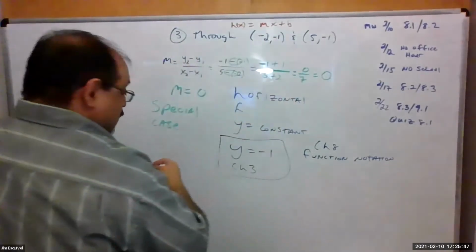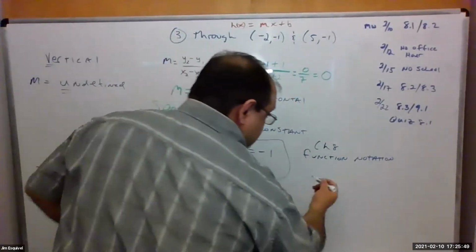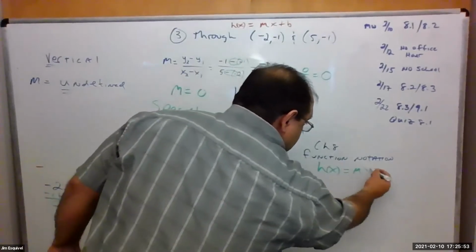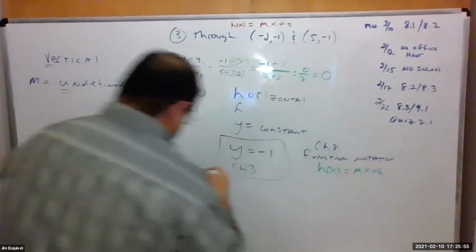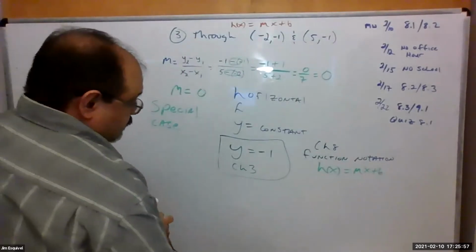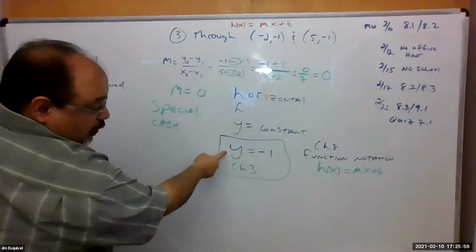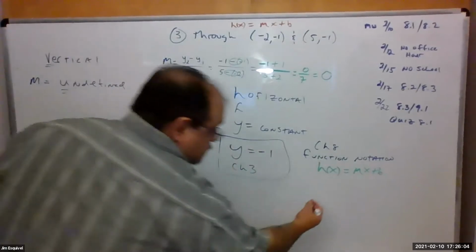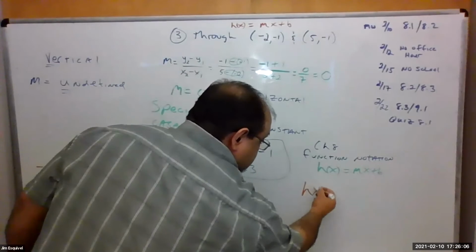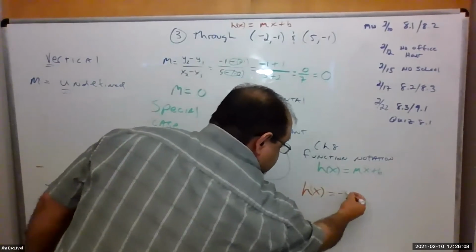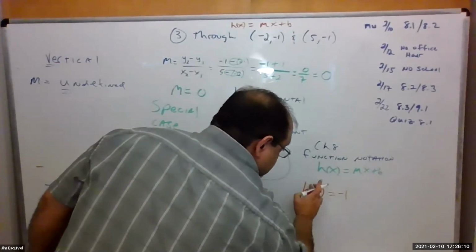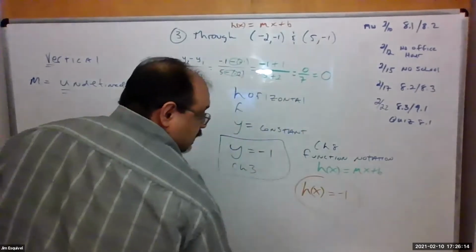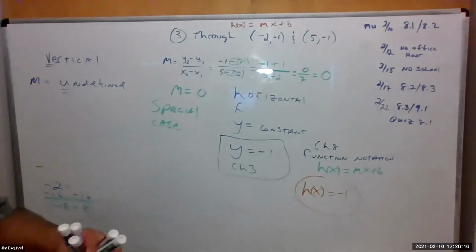And on this one, we wanted h of x equals mx plus b. Well, what replaces the y is function notation. So instead of y by itself, it's just going to be h of x equals -1. And there's my chapter 8 answer.